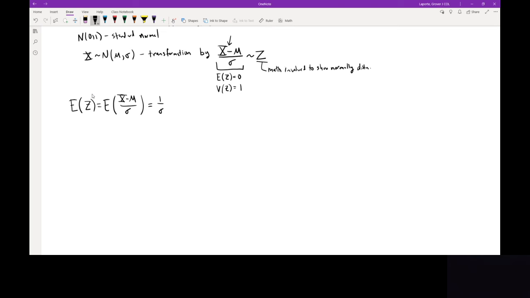So I'm going to take 1 over sigma out, and the expected value of X minus mu is equal to 1 over sigma, the expected value of X minus the expected value of a constant. So mu is a constant. There's no random variable in there.